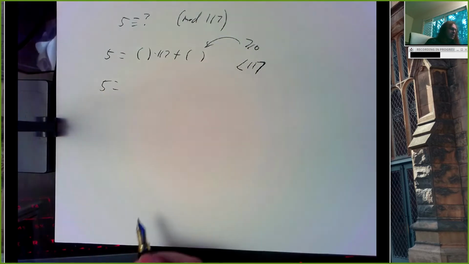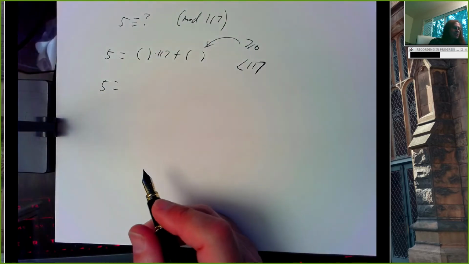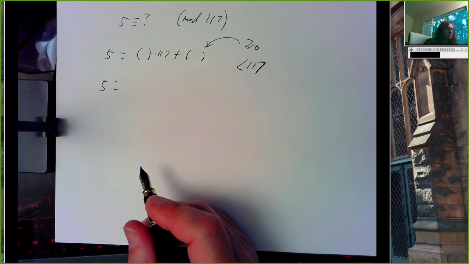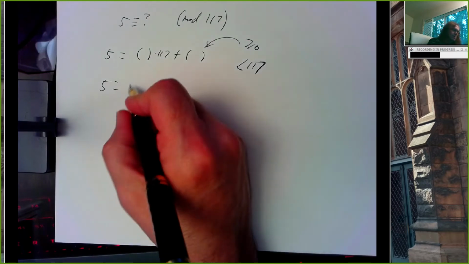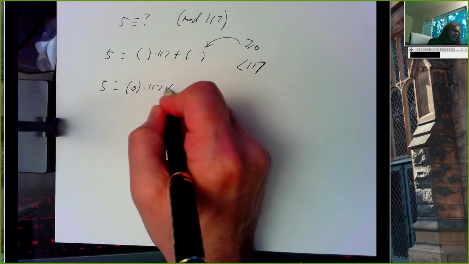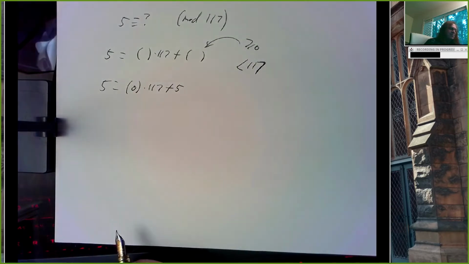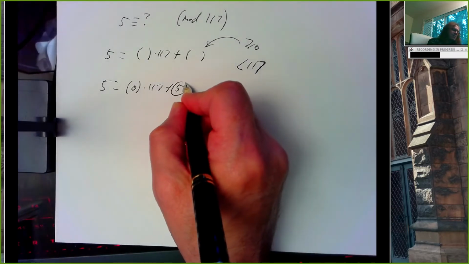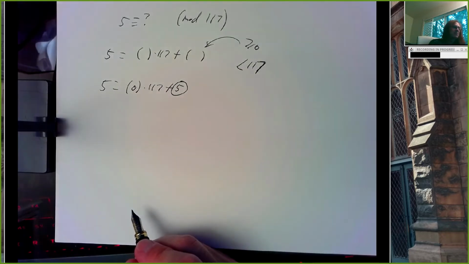So how can we write this as something times 117 plus some small positive number? 0 times 117 plus 5. This is bigger than or equal to 0. It's less than 117. That's your answer. 5 is congruent to 5.